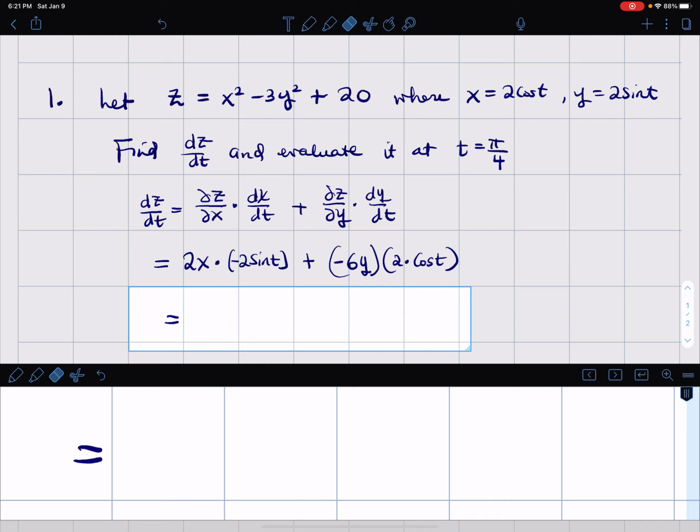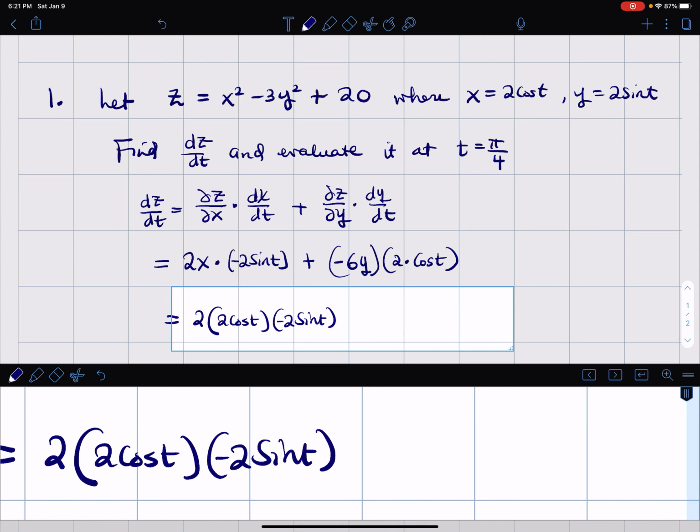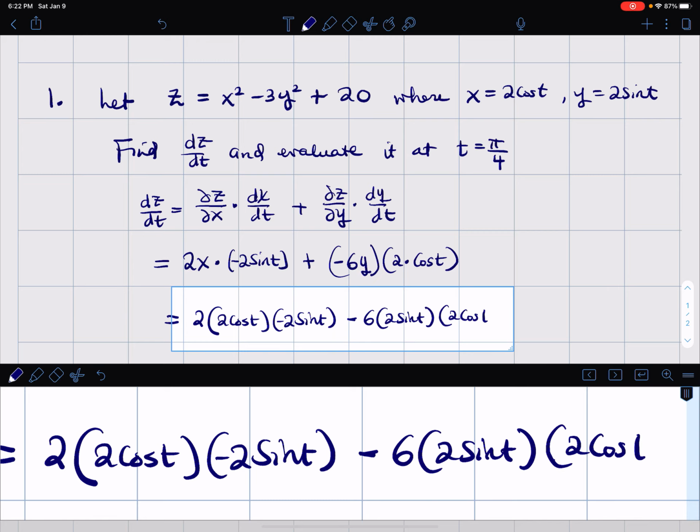So this should give us negative 4x sine t. But if we want our answer to be just in t, then we have to write x in terms of t: 2 cosine t times minus 2 sine t, minus 6 times 2 sine t, which is y, times 2 cosine t.